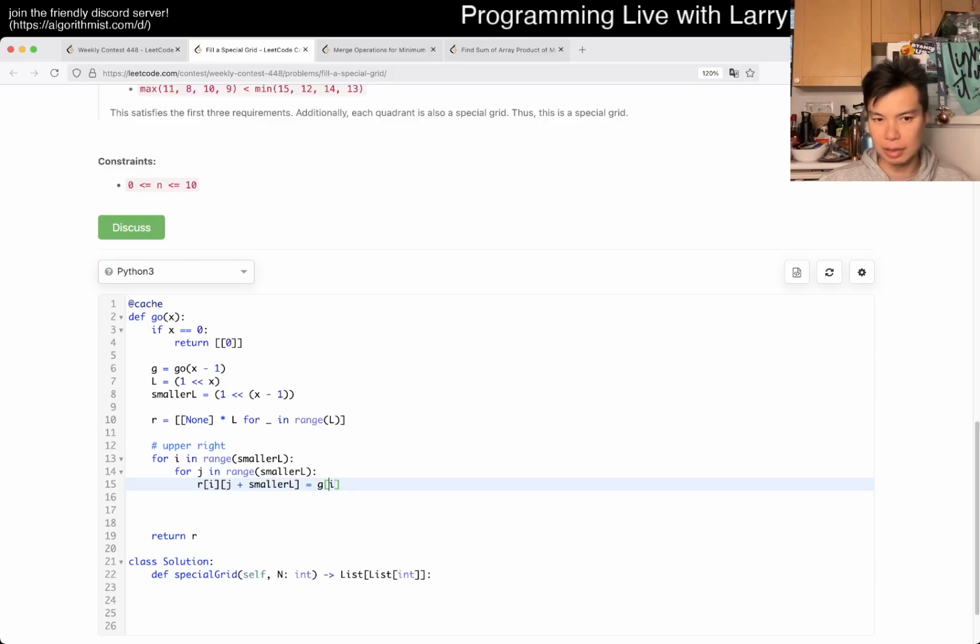No, this isn't right. It's not smaller l. L is the length of one side. So smaller L, okay, yeah. Length of one side. I don't know why I wrote it this way. Just put L2, say.